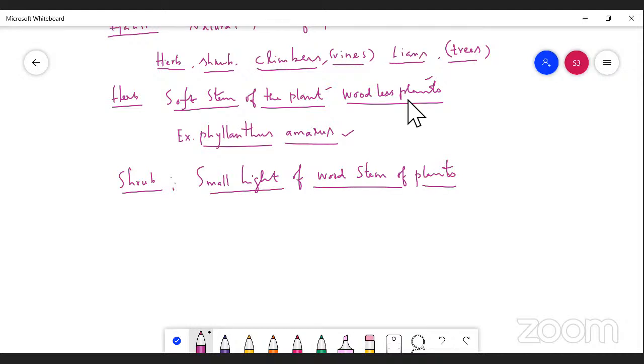For example, Rosa sinensis, the shoe flower.